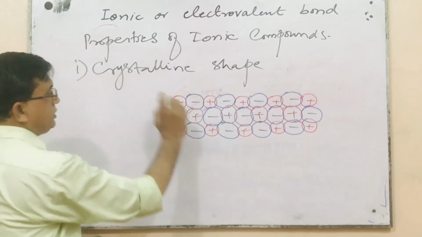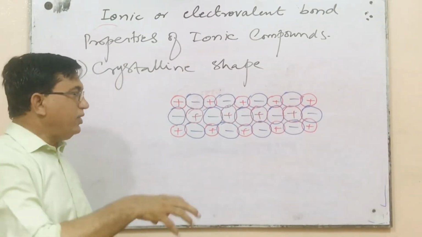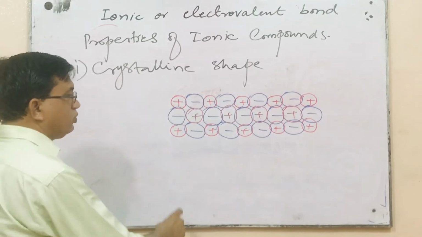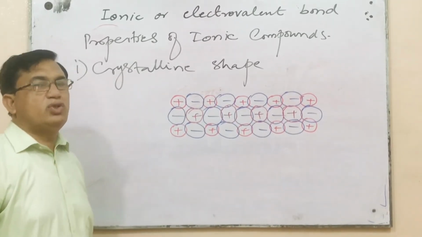Now, crystalline shape. All these cations and anions arrange themselves in a definite regular pattern. That's why these are all called crystalline solids.